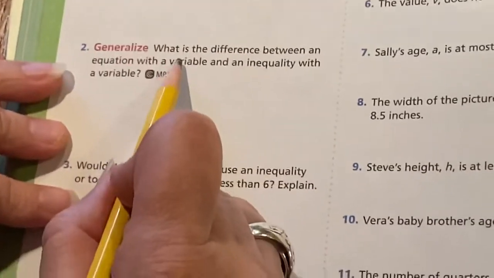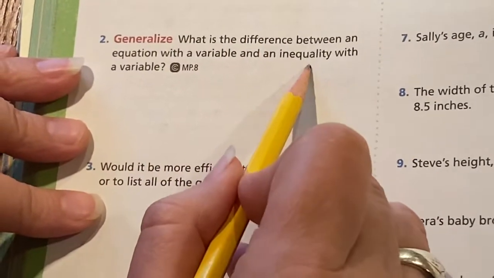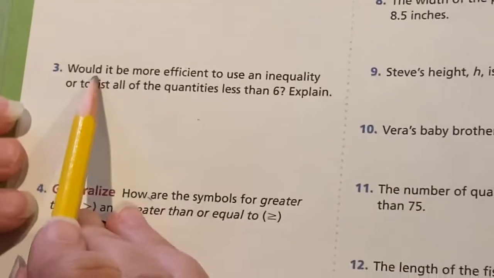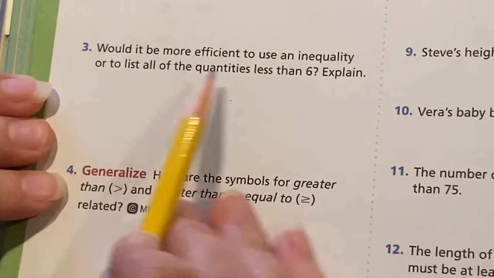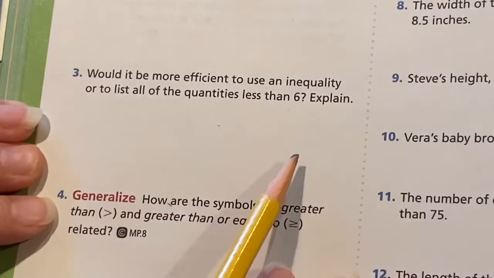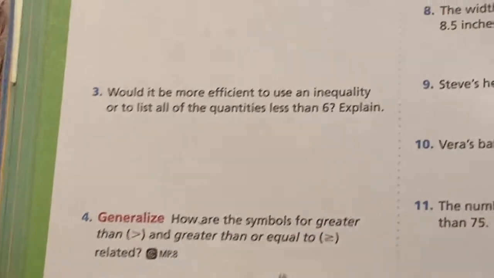All right. What is the difference between an equation with a variable and an inequality with a variable? Would it be more efficient to use an inequality or to list all the quantities less than 6? Explain. Efficient means a fast and easy way to do it.